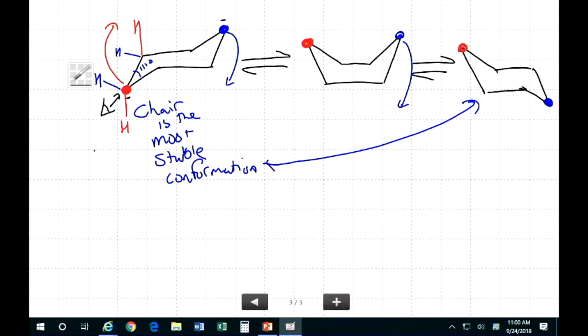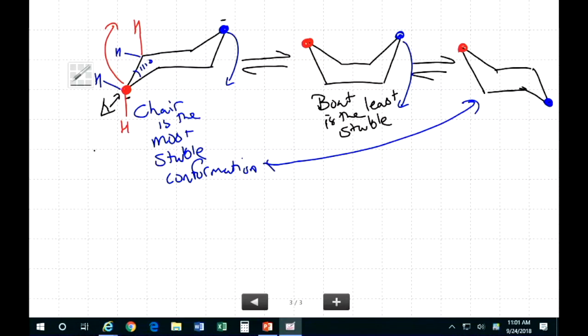Now the boat is the least stable conformation. Let's put the actual word least in there. There we go. If you thought my handwriting was bad with a marker, finger and pen on a touchscreen is a nightmare.